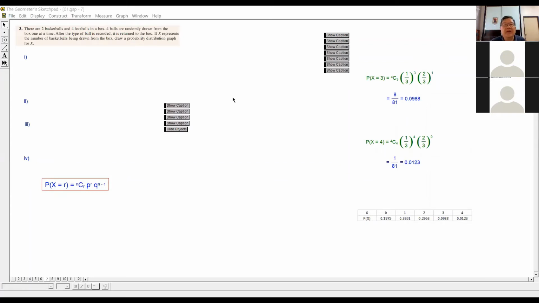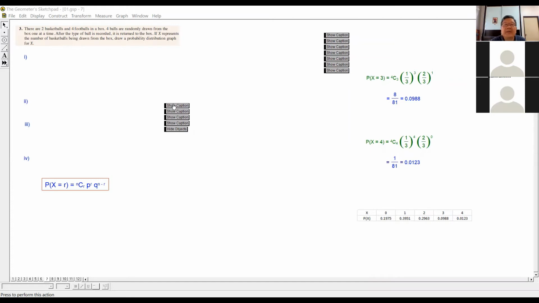Can you tell me what is the probability of drawing a basketball? How many basketballs are there? 2. How many balls are there all together? 6.